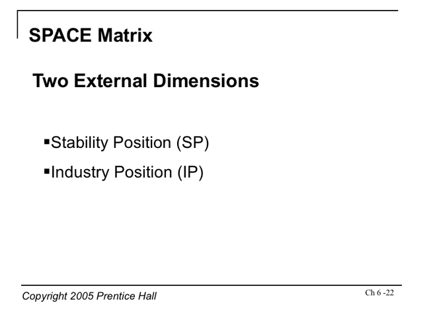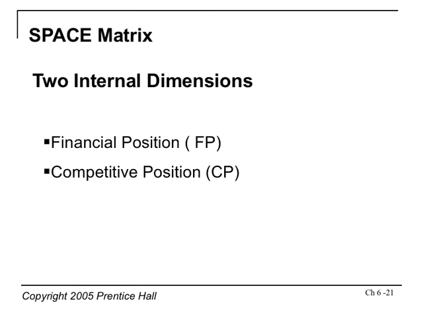Now, for those who look at the details in the chapter, what is missing from the SPACE matrix here is all the complex calculations that are done to arrive at this. If you just glance at the chapter, you first have to calculate the financial position, which means you need to look at the ratios.